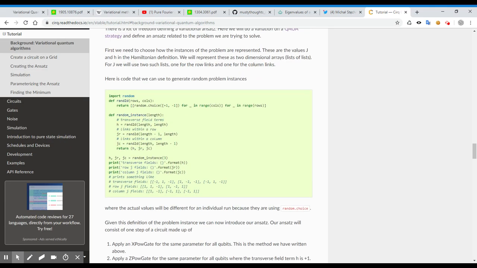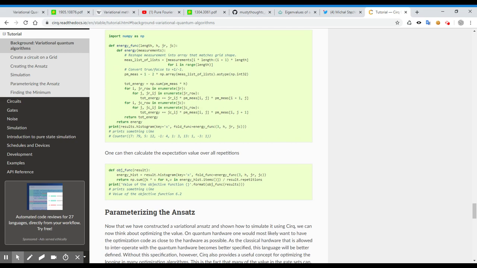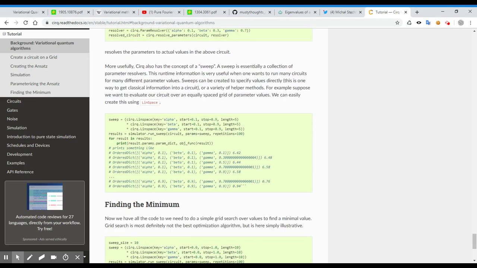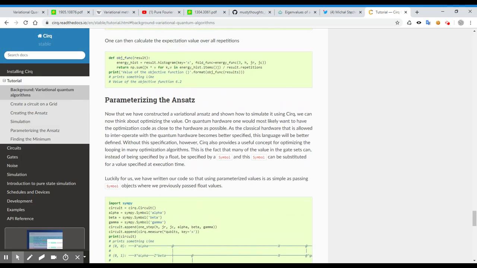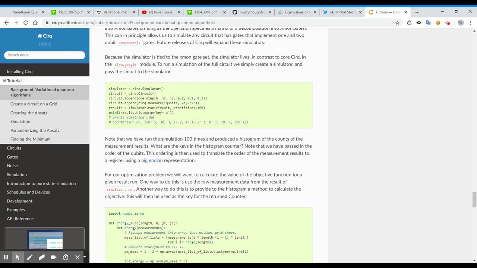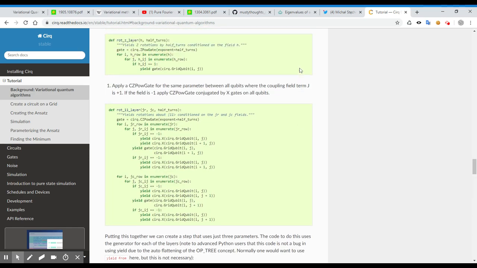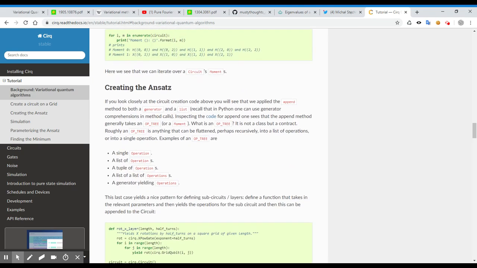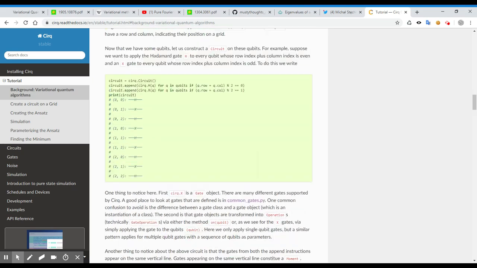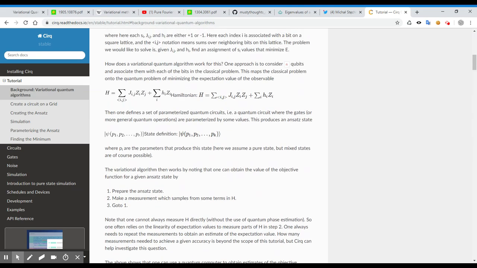Could be interesting to sort out. But basically you've got a Hamiltonian here. Where was that? Where is this? Here. That's your Hamiltonian, right?